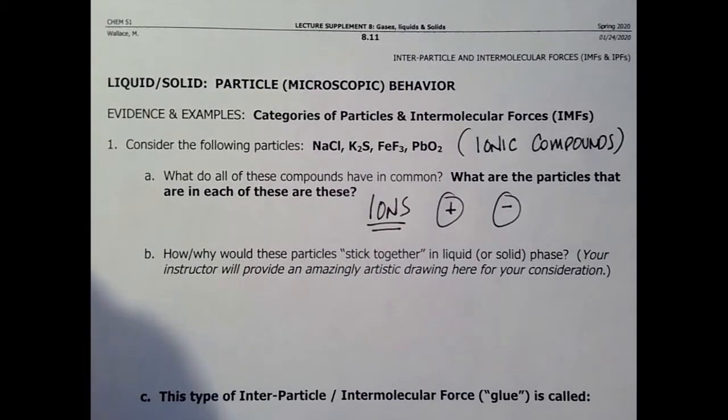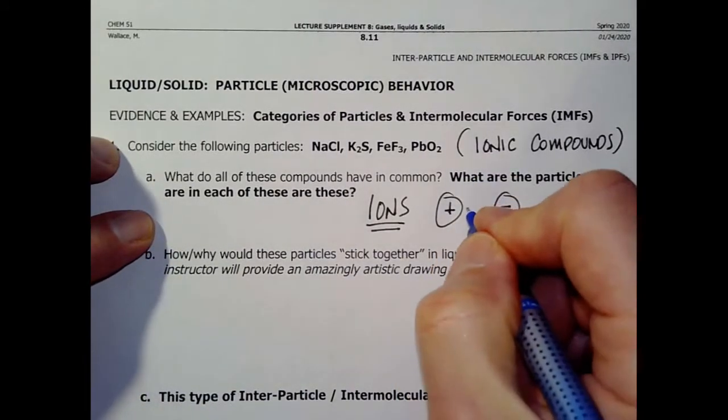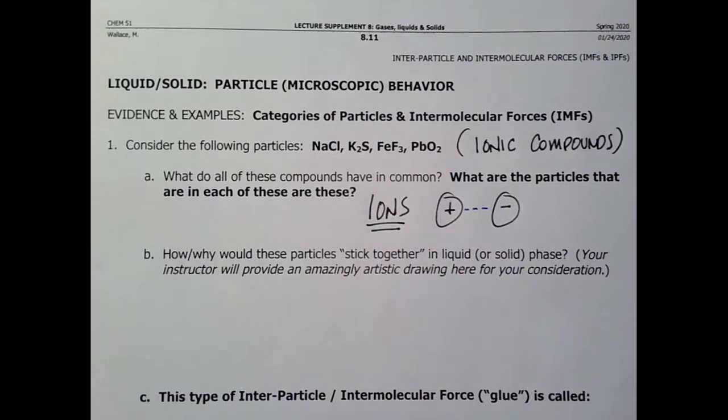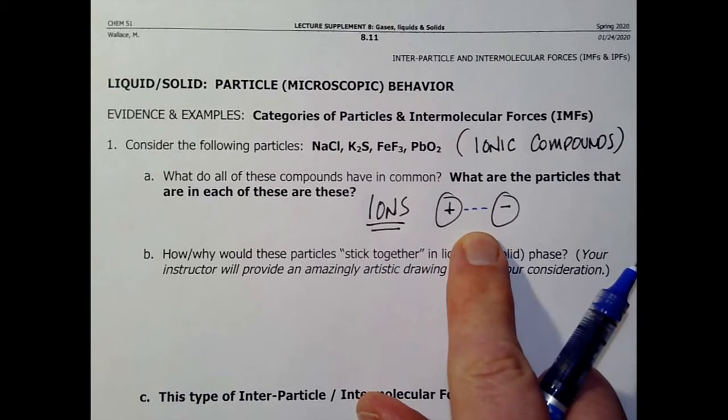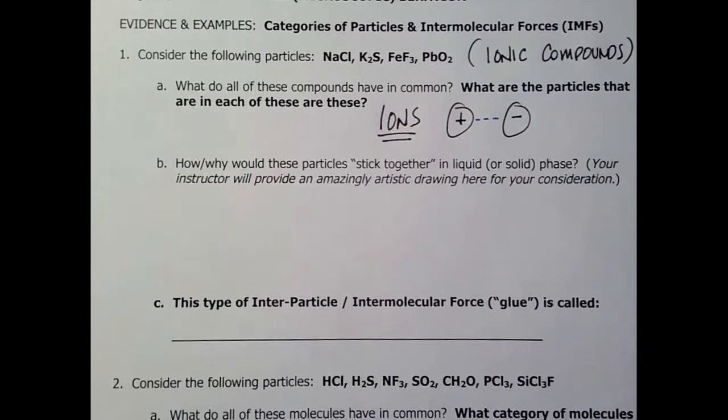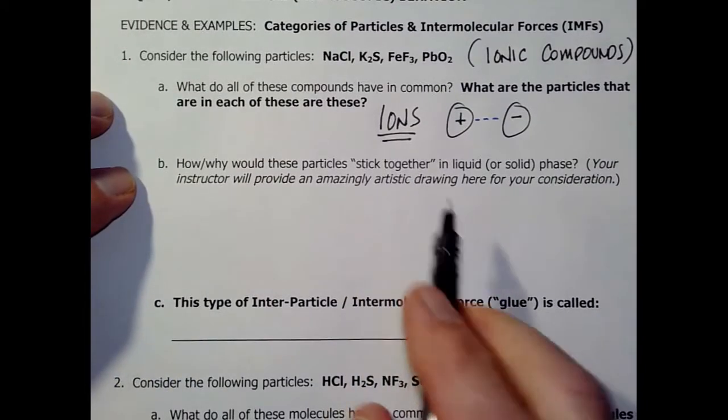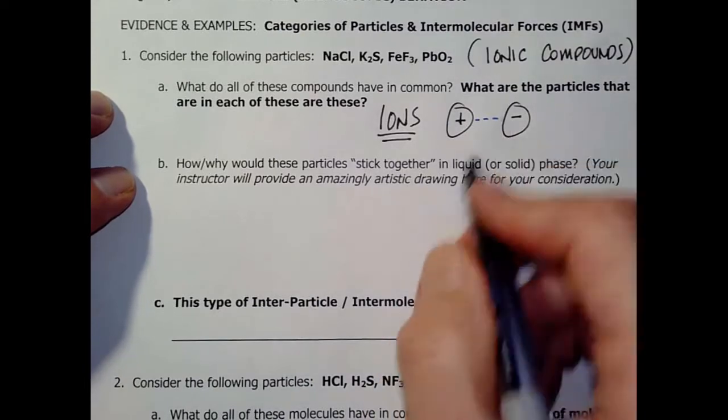We had established this way back in chapter 2, chapter 3. So there's some kind of attractive force. If I think about why they would stick together, well, I've given it away.